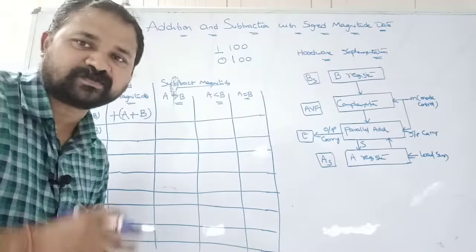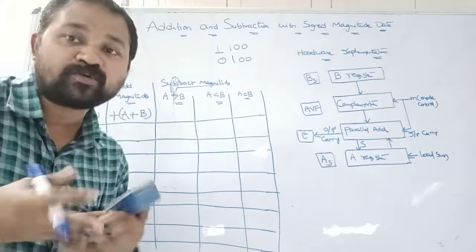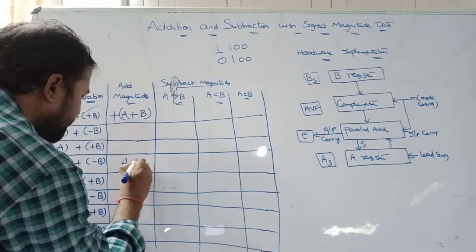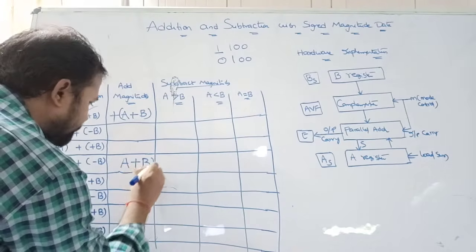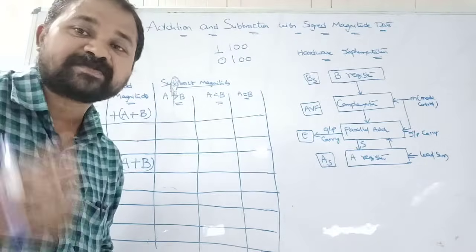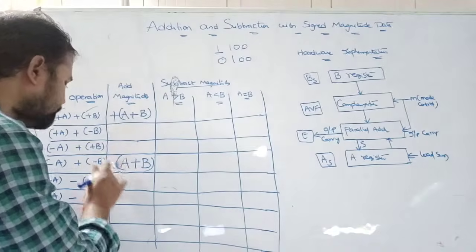So we add the magnitudes, A and B, and the resultant sign will be the sign of A. What is the sign of A? Minus. So minus will be the resultant sign.